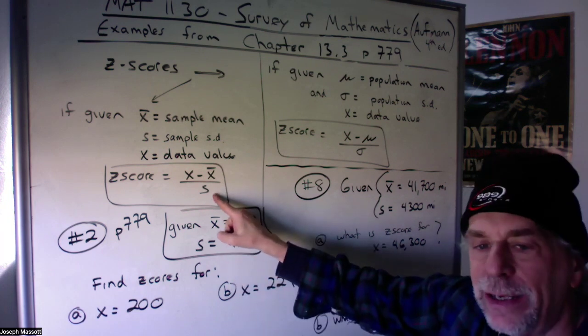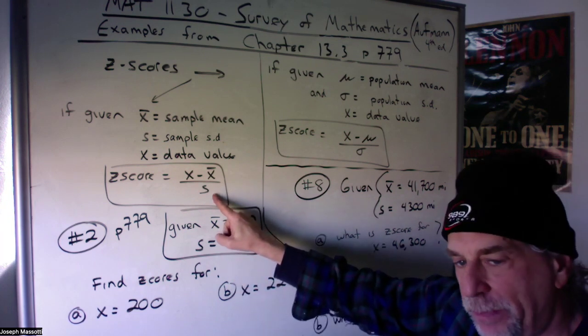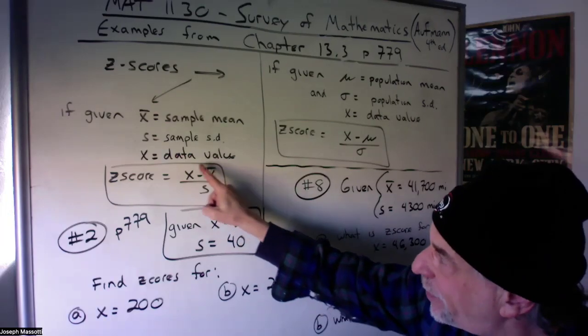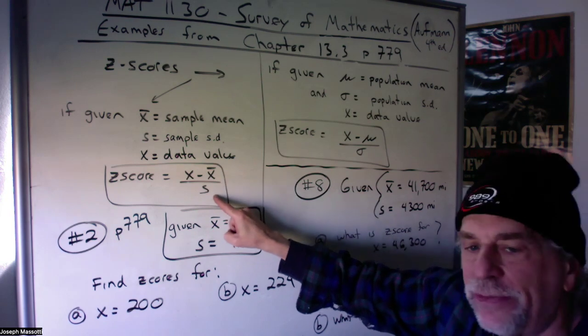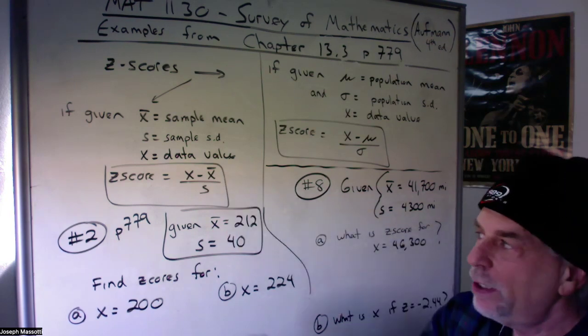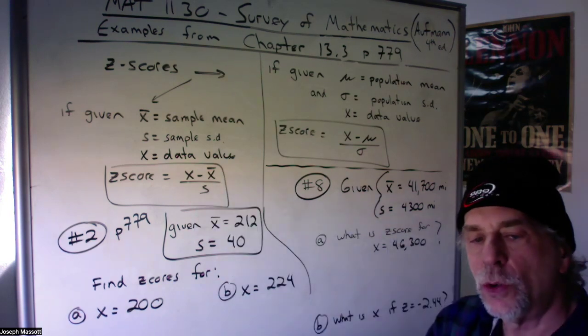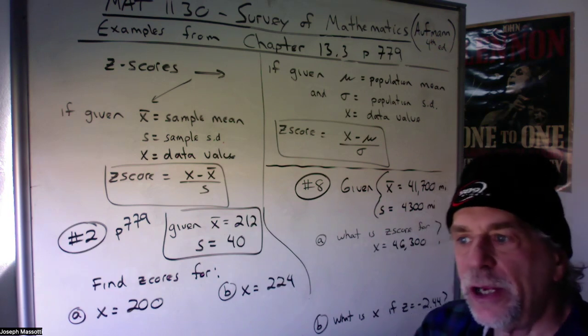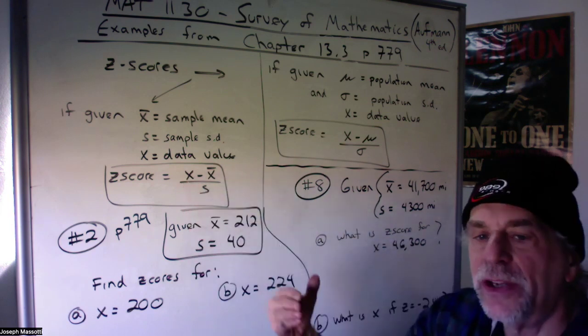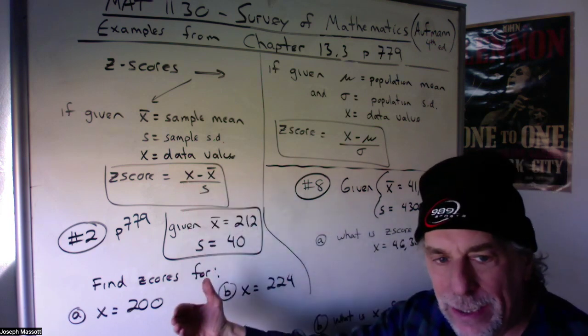And then you're dividing by the standard deviation. So the number that you get for a z-score is going to tell you how many standard deviations that x value is away from the mean.